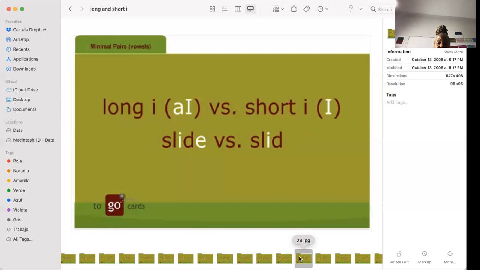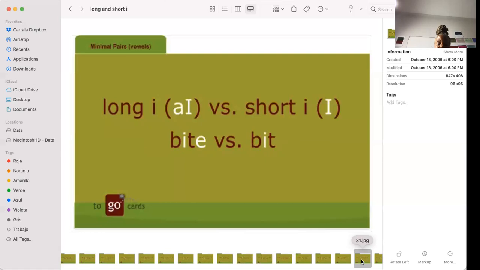Slide, remove that E, slid. Slight, slit. Night, once again, be careful. Knit, as far as using N-I-T-E.